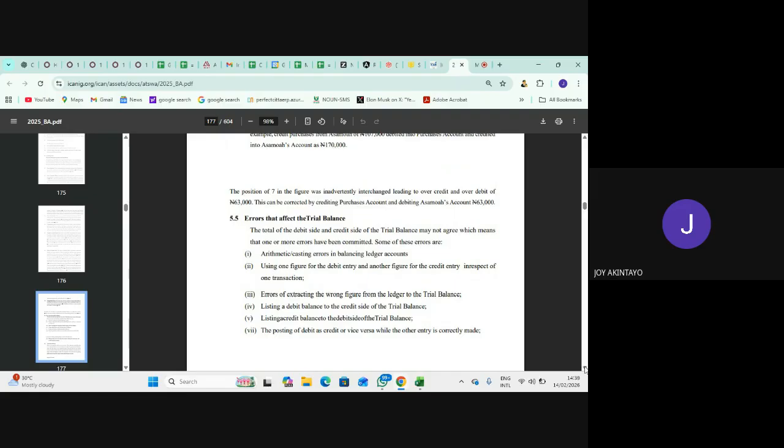Let's say because you are casting your trial balance, in the course of recording your listing, of balancing your ledger accounts, this occurs.